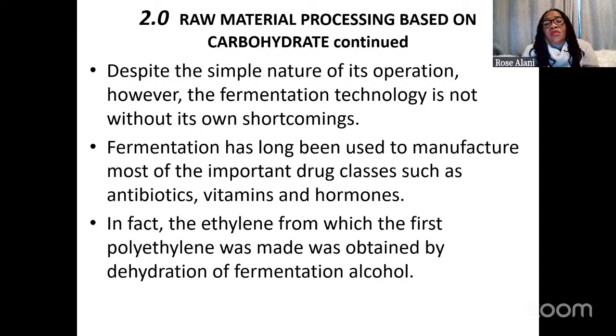Fermentation has been used for manufacture of most important drug classes such as antibiotics, vitamins, and hormones. Ethylene in the past was manufactured by fermentation of ethanol. But we will also see the shortcomings of fermentation technology, even though it has a lot of advantages.